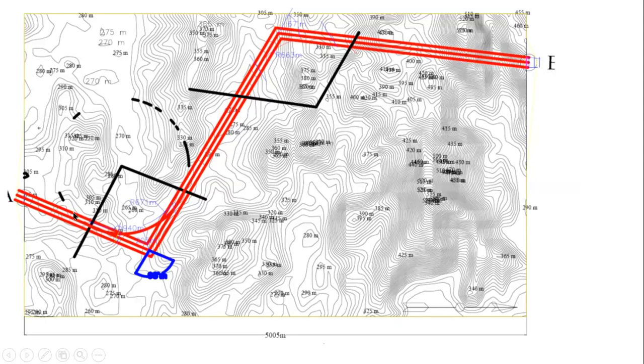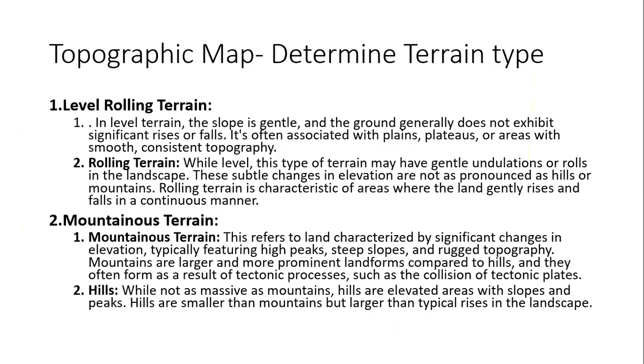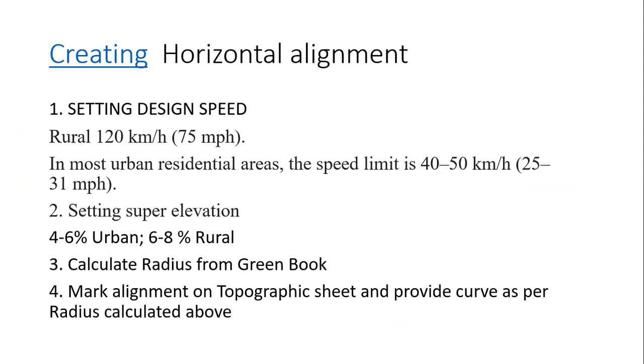From this alignment, I have to have two curves, one here and the other is that one. And how much the radius of the curve will be has to be determined by setting our design controls.